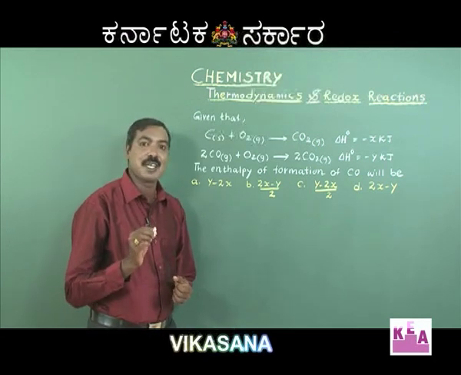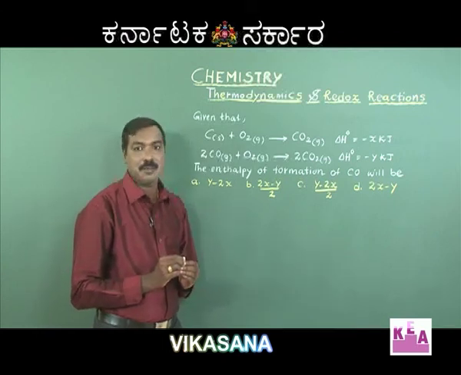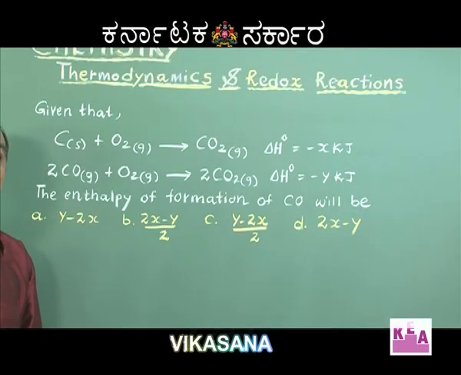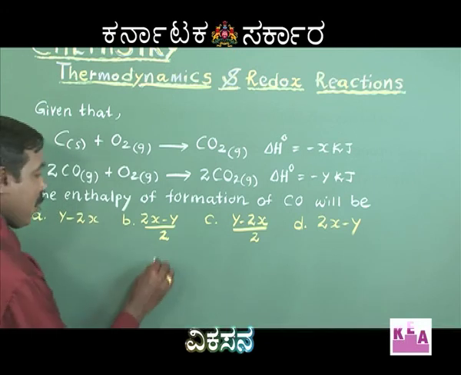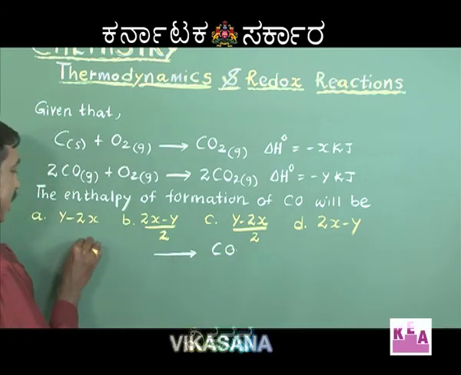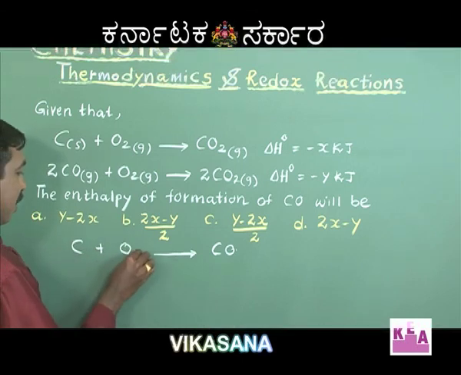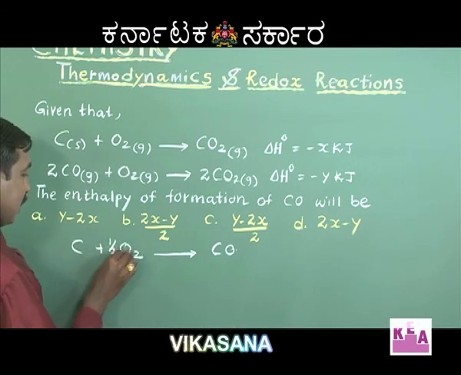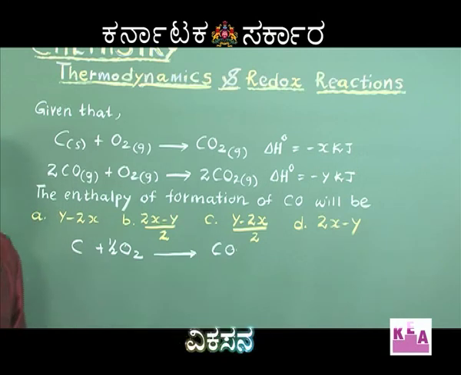For this, we have to write the required equation. The required equation for the formation of carbon monoxide: carbon monoxide is formed from its elements carbon and oxygen. Balance it, then put it as half. Now, as I look into this, this is my required equation.